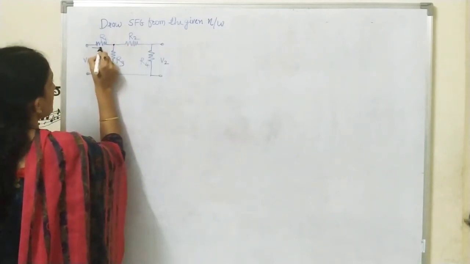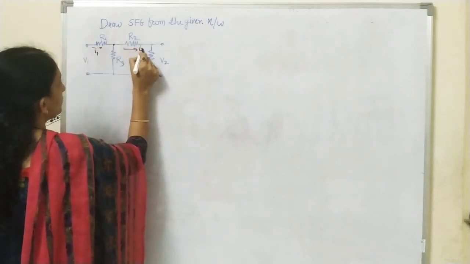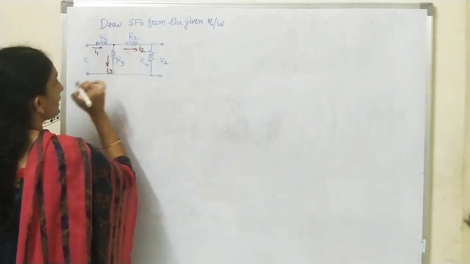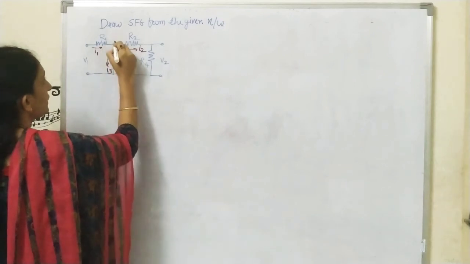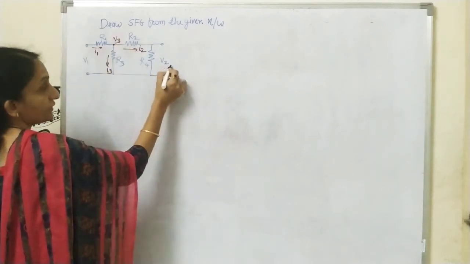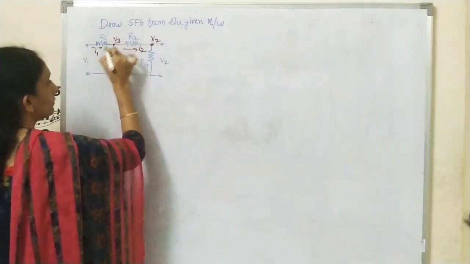Suppose this is I1, then I2, and the current flowing through this I am considering I3. This is the node V1, and here we are considering V3, because I have taken V2 as the node with the label V2.